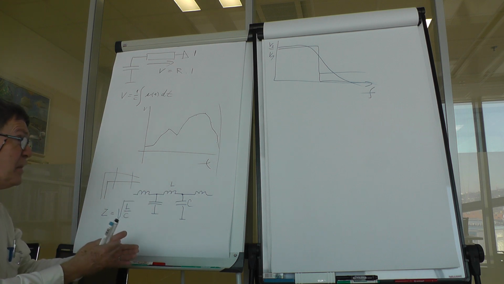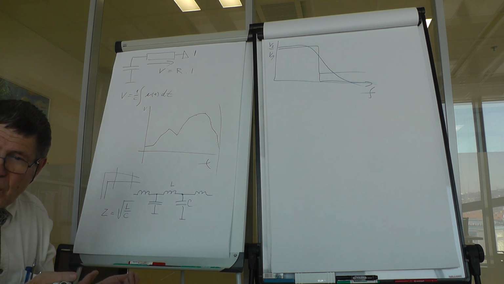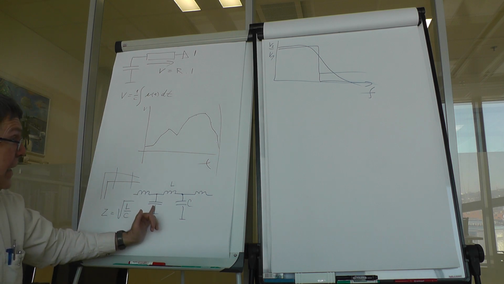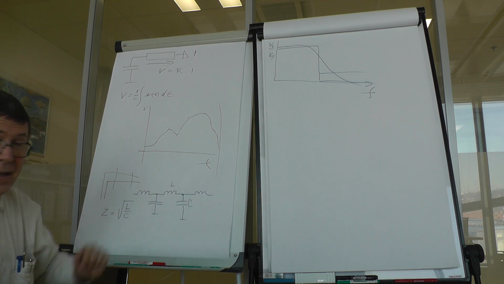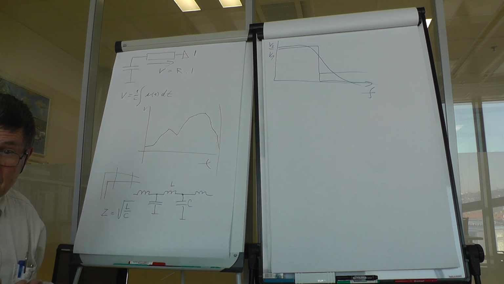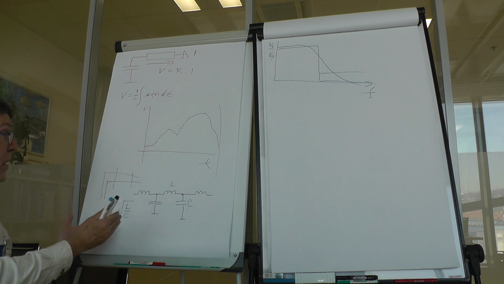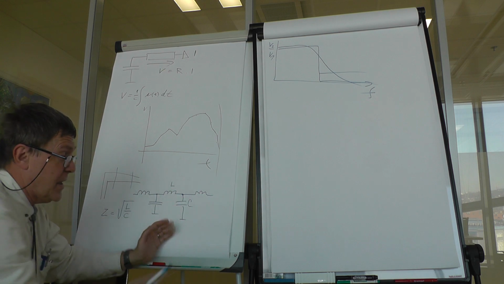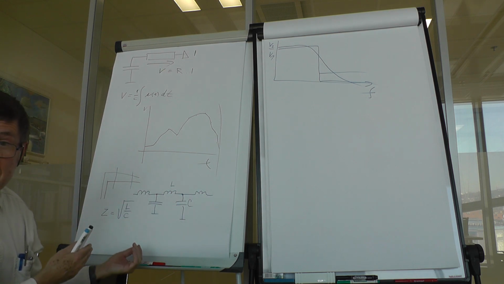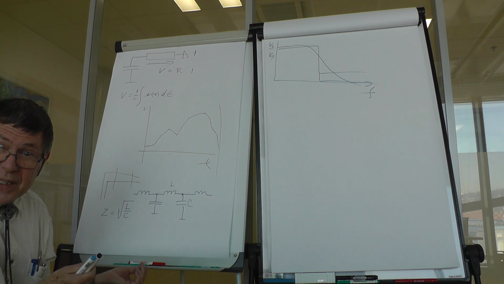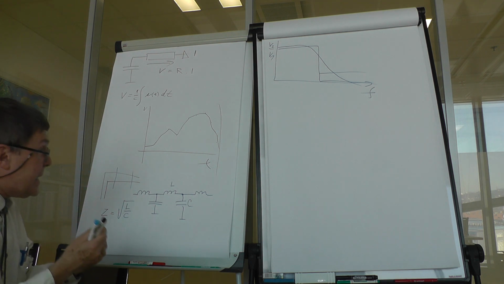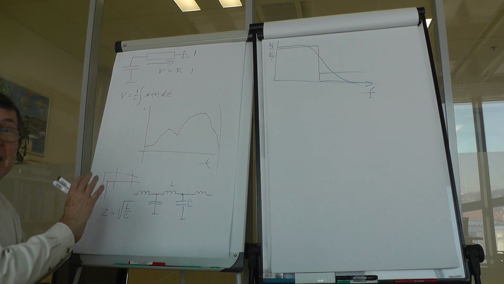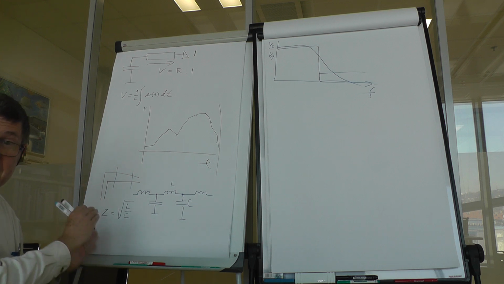In order to overcome that, you can do quite an easy job. You can divide each section into two subsections so that we construct not a model of a transmission line composed of 1 meter sections, L and C, but we will divide each into two subsections. Then you would still get the same ratio between the inductance and capacitance, so that the impedance of the transmission line model is kept.